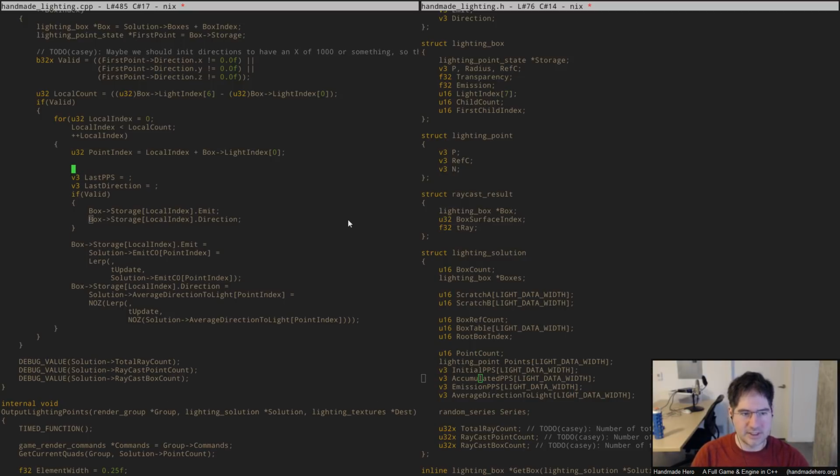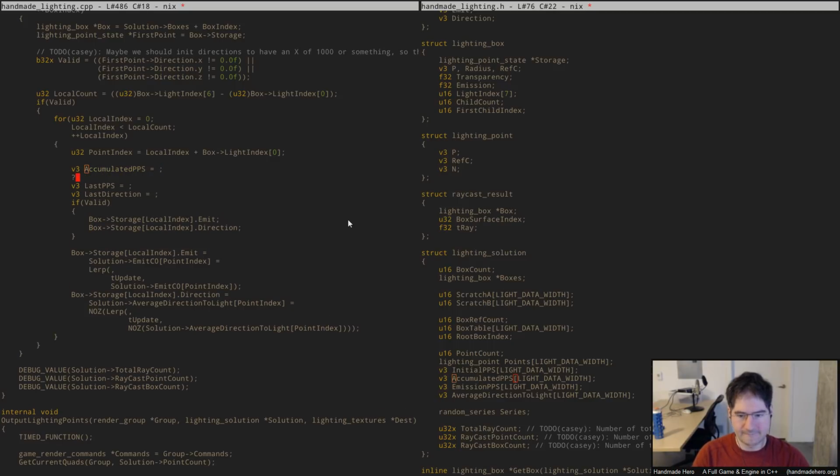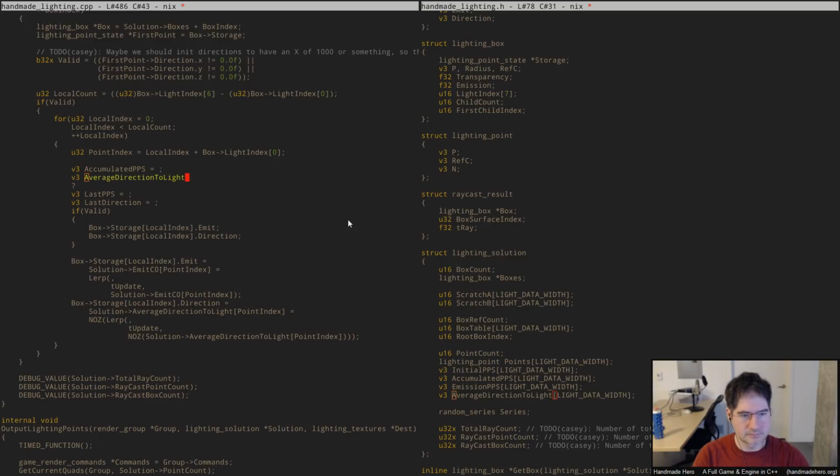So here we've got our accumulated PPS and our direction, and we're going to assume that those equal whatever the ones we're going to blend to are. And then when we come in here to actually store these values, we're going to do the blend regardless in all circumstances, but we're just going to blend it with itself in the case where the thing wasn't valid.